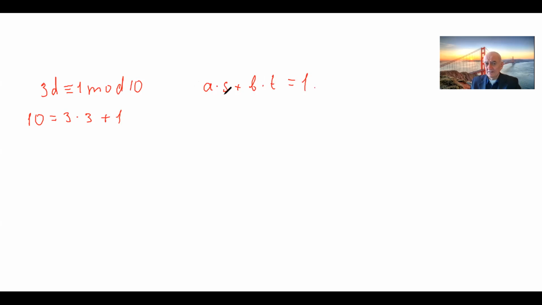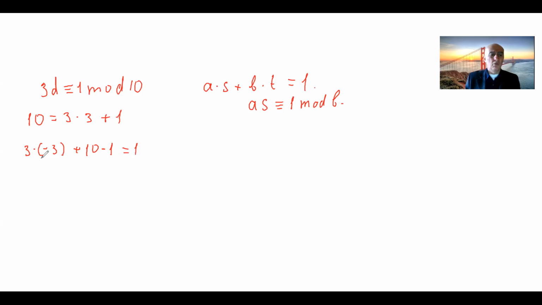If I represent it in this form, then it's equivalent to A times S congruent 1 modulo B. I can move 3 times 3 to the left side and write 3 times minus 3 plus 10 times 1, or just 10, equals 1.